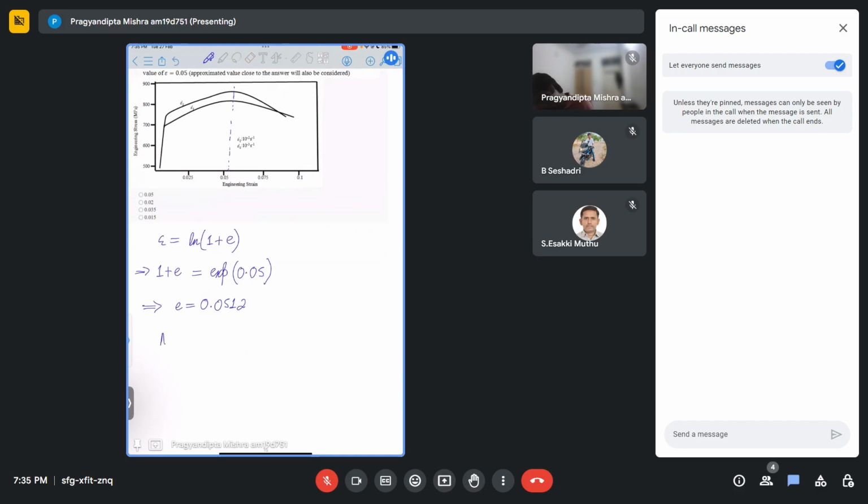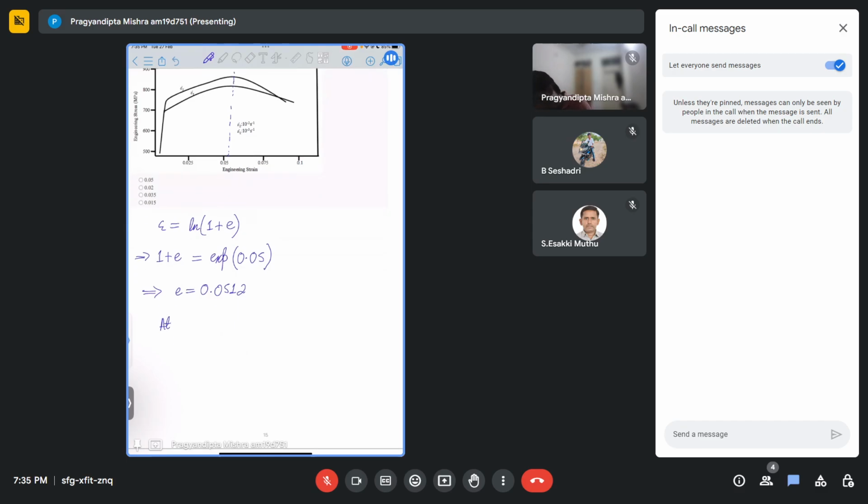At 10 power minus 3 per second, we'll have around 820 MPa, and at 10 power minus 2 per second, we'll have 850 MPa. So these are the stress values S1 and S2 that we can write.